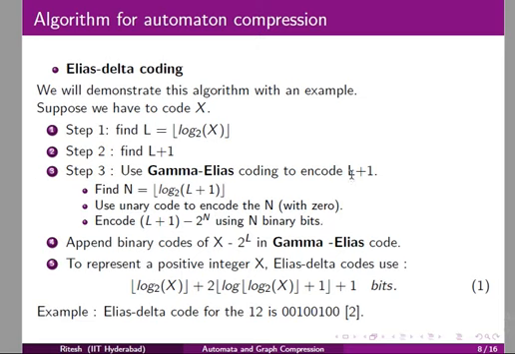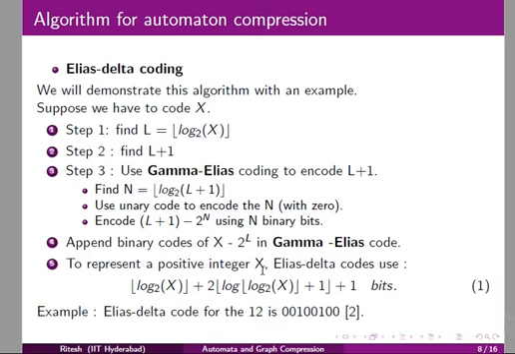After the gamma Elias encoding of L plus 1, we find x minus 2 raised to power L. We have x is 12 and L is 3, so 2 raised to power 3 is 8, and 12 minus 8 will be 4. So we convert 4 to binary, and it gives 1 0 0.